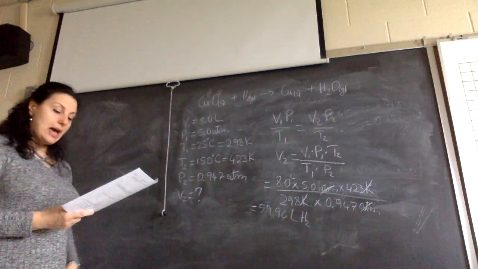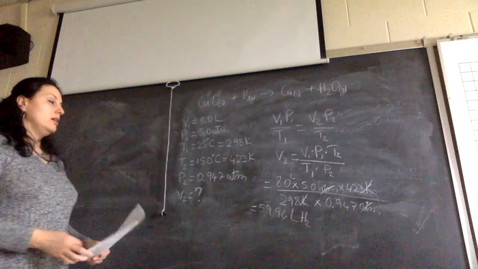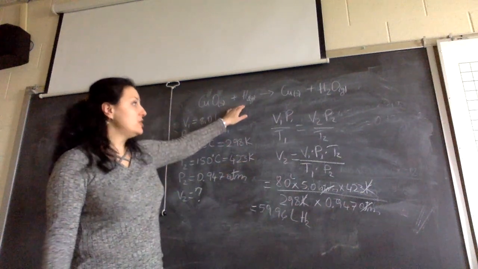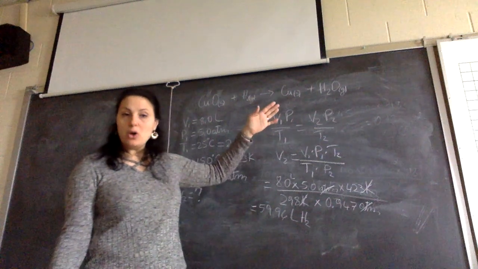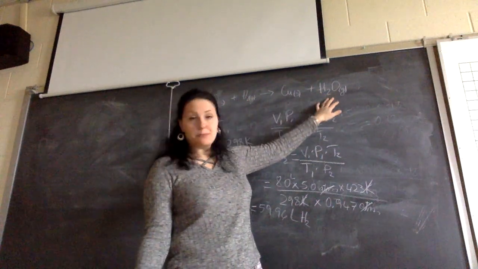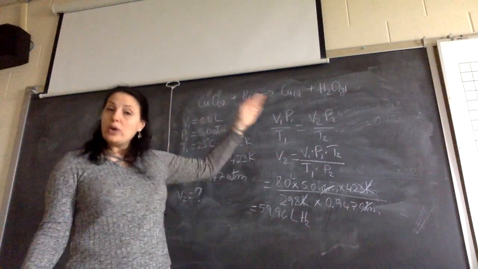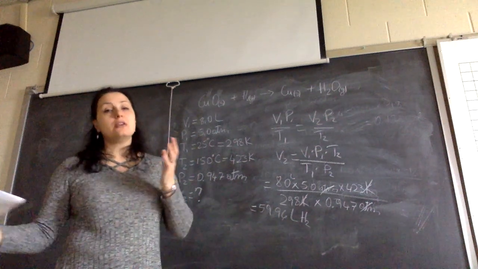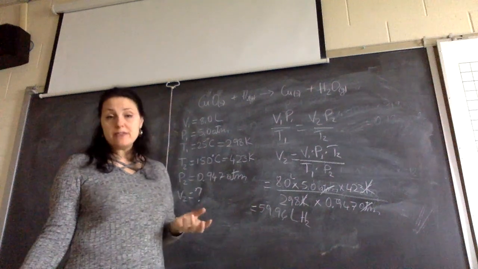Now, I can say that because hydrogen and water vapor have the same amount of moles, so 1 mole of hydrogen gives me 1 mole of water. That means that because they're in a 1-to-1 ratio, the same amount of moles of hydrogen there are, you will have the same amount of moles of water vapor.